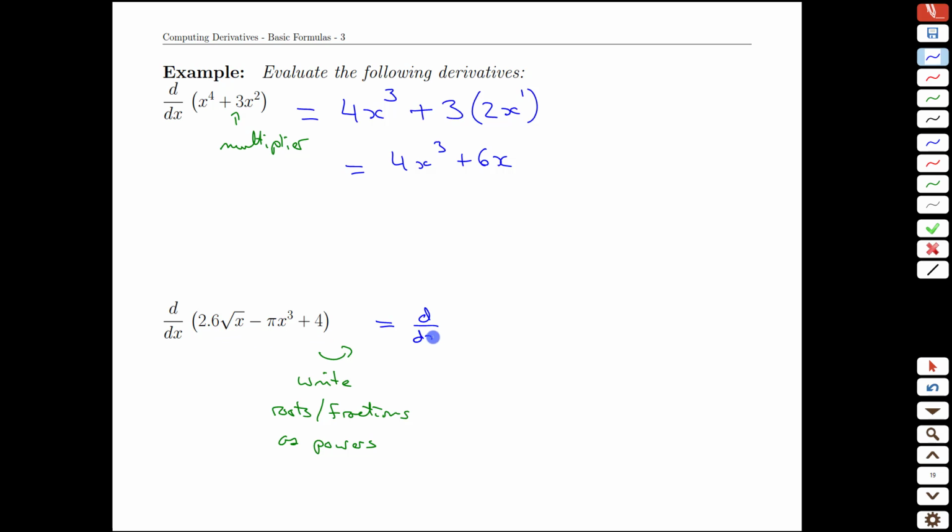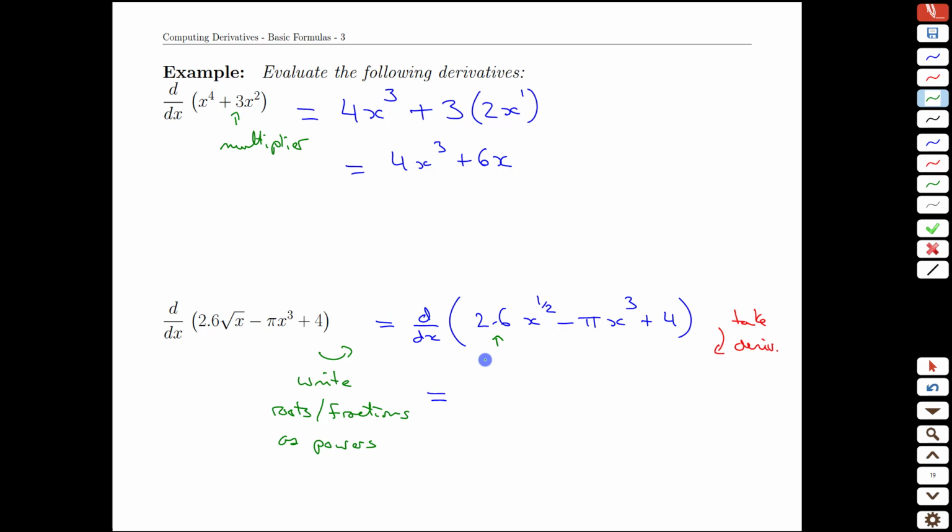We're not going to take the derivative yet, so we still have the derivative of, and then we say x square rooted is the same as x to the 1/2. The pi is fine, that's already a power. And now we can actually take the derivative because we have written it in a way that is easier to apply the rules from the last page.